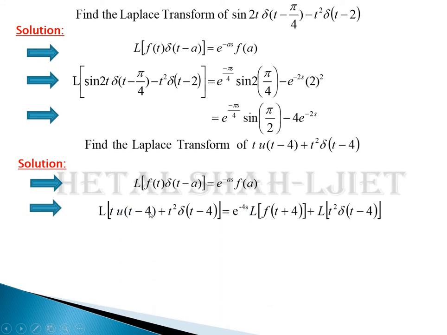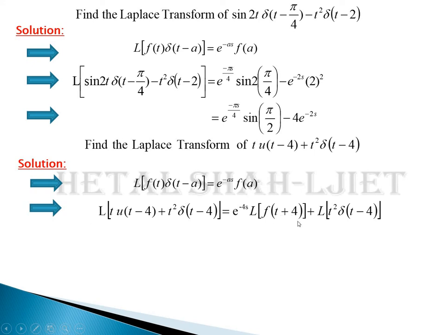This is our example. For the first term, our function f(t) is t, and this u(t minus 4) is the unit step function, and your a is 4, so e raised to minus 4s, and as per the formula Laplace of f(t plus a), that is t plus 4.